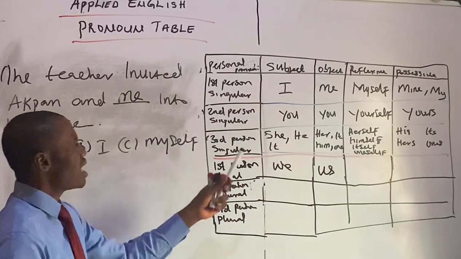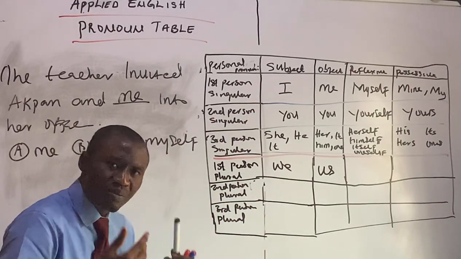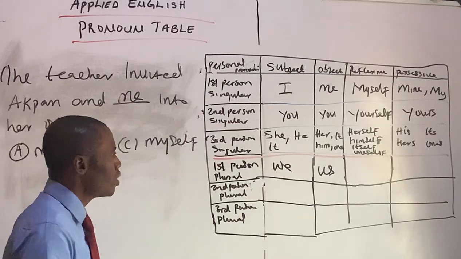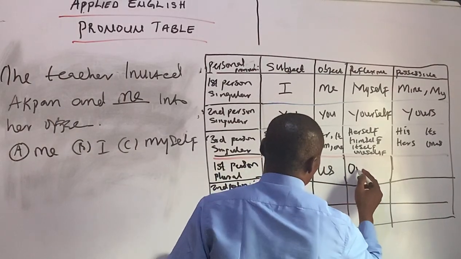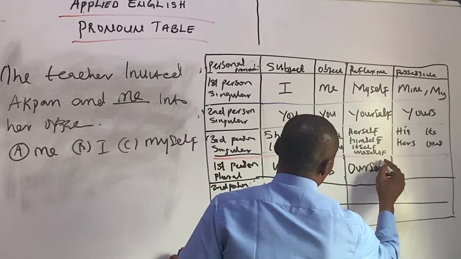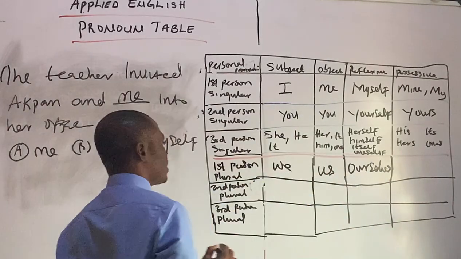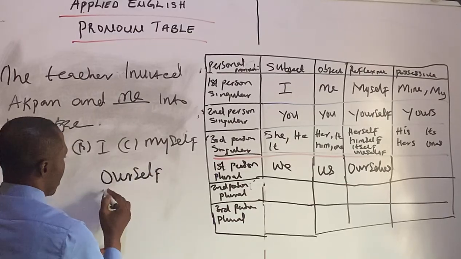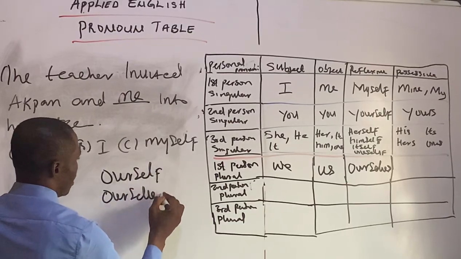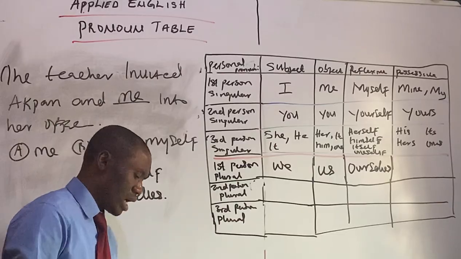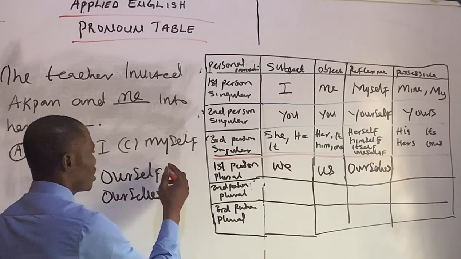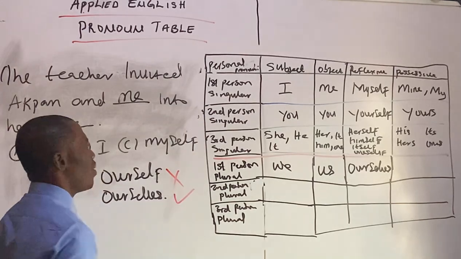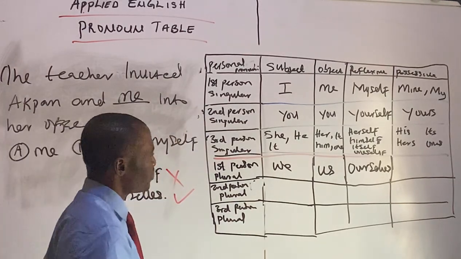Now, for the reflexive pronoun of the first person plural, we have ourselves. Which one is the right one? Well, ourself is grammatically wrong. There is nothing like ourself in English grammar. The right one is ourselves. So that's what we have there.